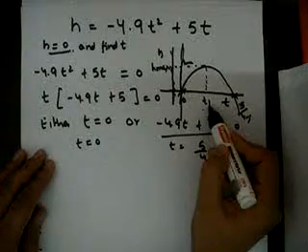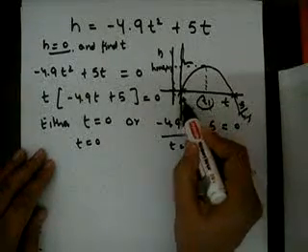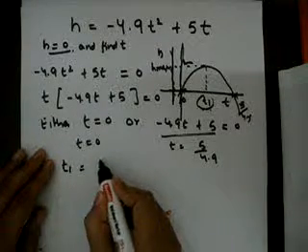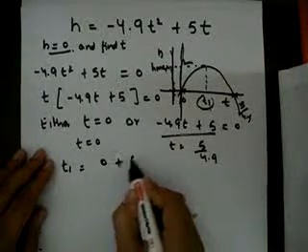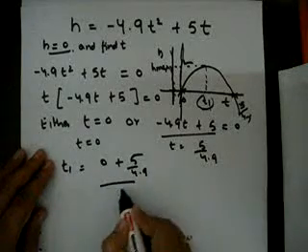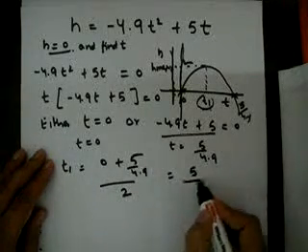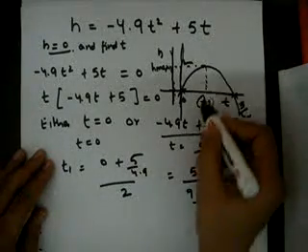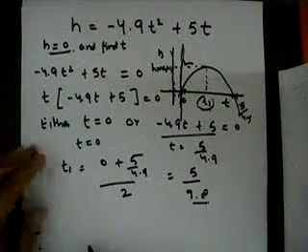Now again I have to find this t1. This is nothing but the average of these two. So t1 equal to 0 plus 5 by 4.9, divided by 2, which is equal to 5 by 9.8. So this t1 equal to 5 by 9.8. Now I have to determine this h max, the maximum height.